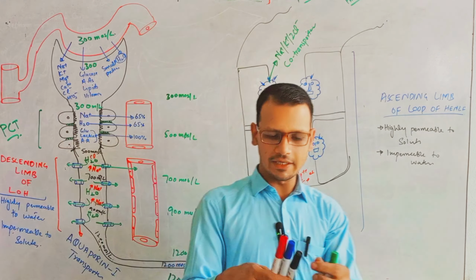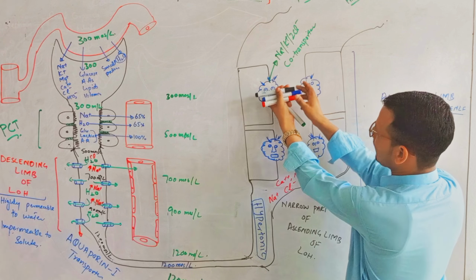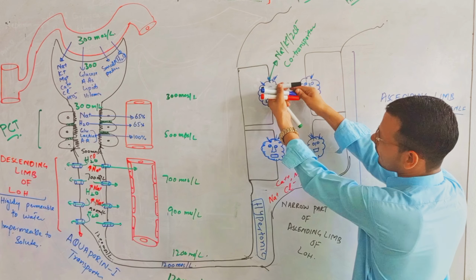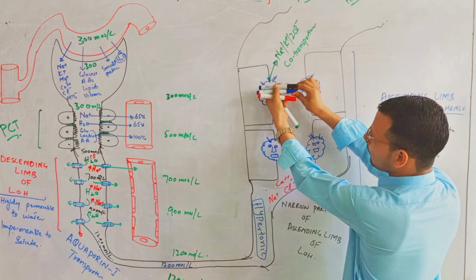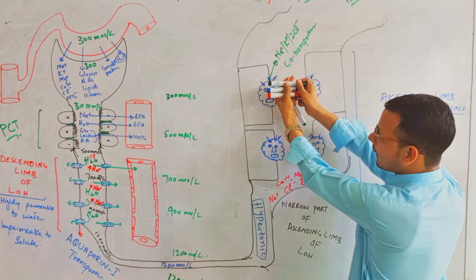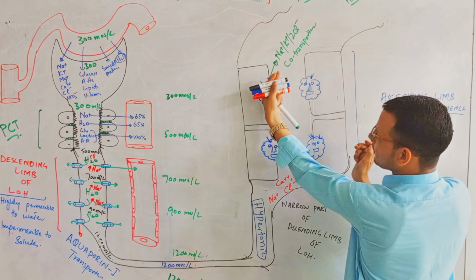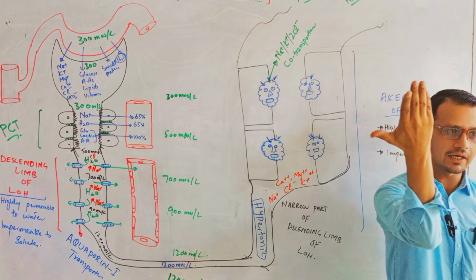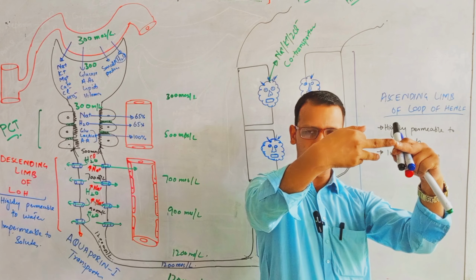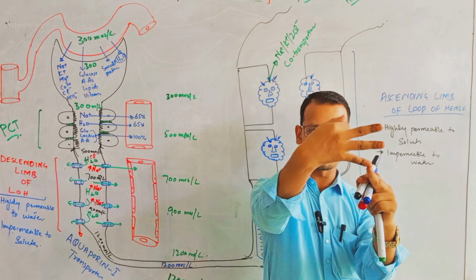For example, it has three sites. Here, with this black marker, for example, this is the sodium, this is the potassium, and this is the chloride. When all these sites are filled, this protein flips. It takes a turn, right? For example, here potassium is attached, here sodium is attached, and here chloride.